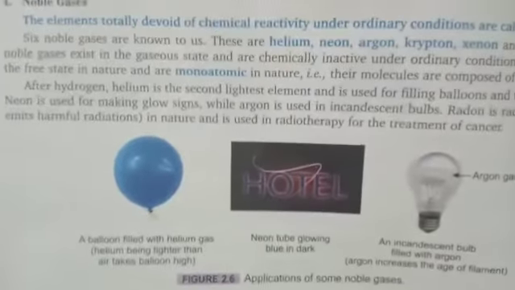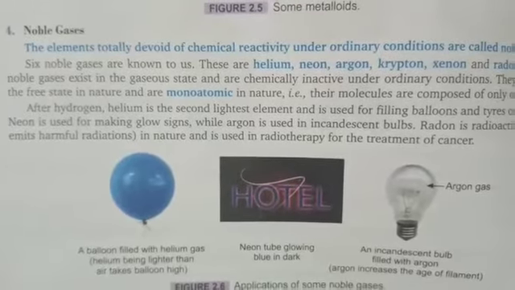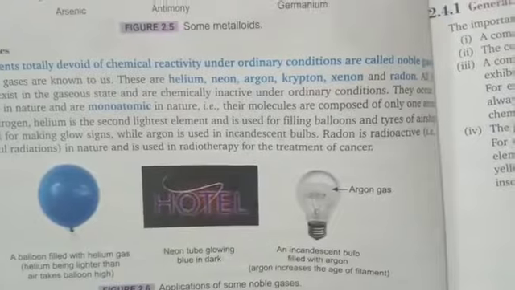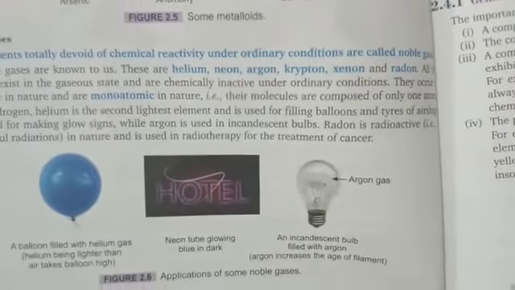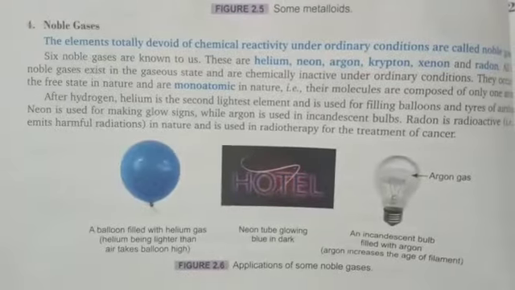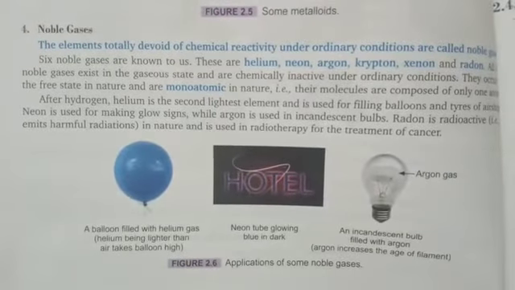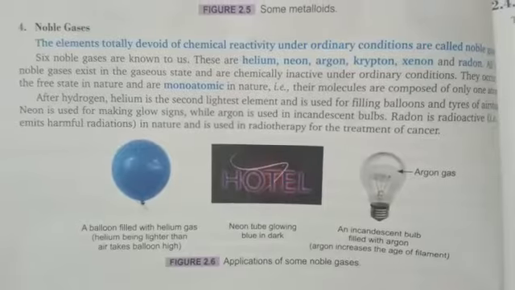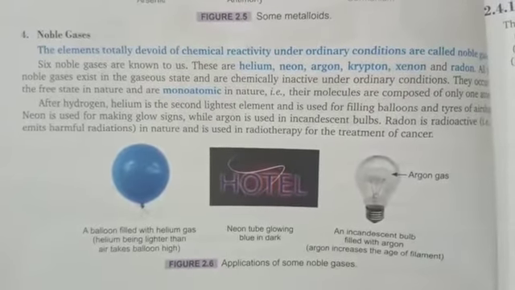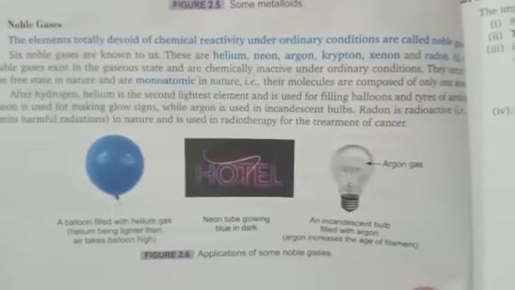After hydrogen, helium is the second lightest element and is used for filling balloons and tires of airships. Neon is used for making glow signs, while argon is used in the incandescence of bulbs.